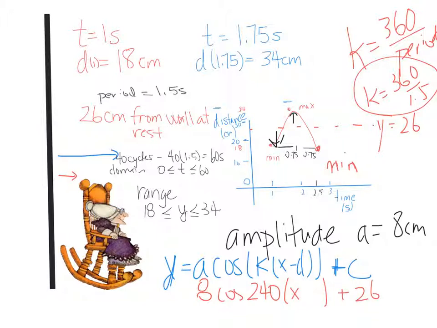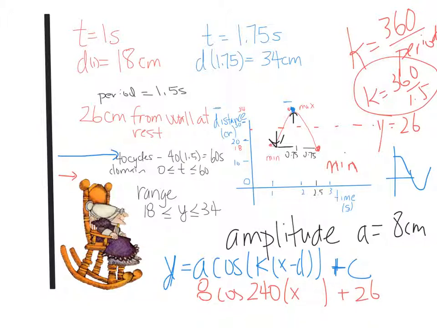Observing our graph, we know that generally the cosine function starts at the max. So normally cosine starts at the max, goes down, and then back up again. That's the shape we want to use, so that's why we chose cosine.